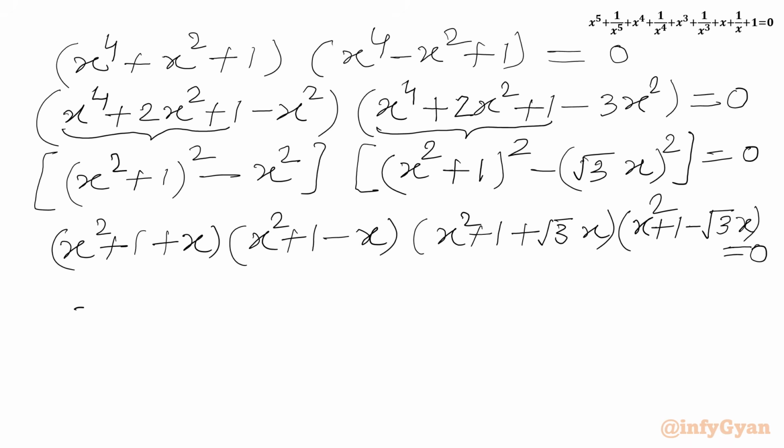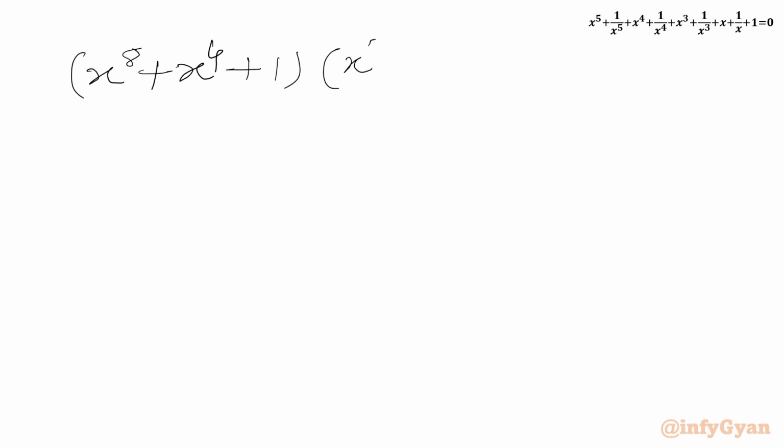Now we had x square plus x plus 1 equal to 0 equation after equation 1. So if I write in the factor form, I can write our expression of LHS: x power 8 plus x power 4 plus 1 times x square plus 1 plus x equal to 0. Now here I am going to write the complete factorization.